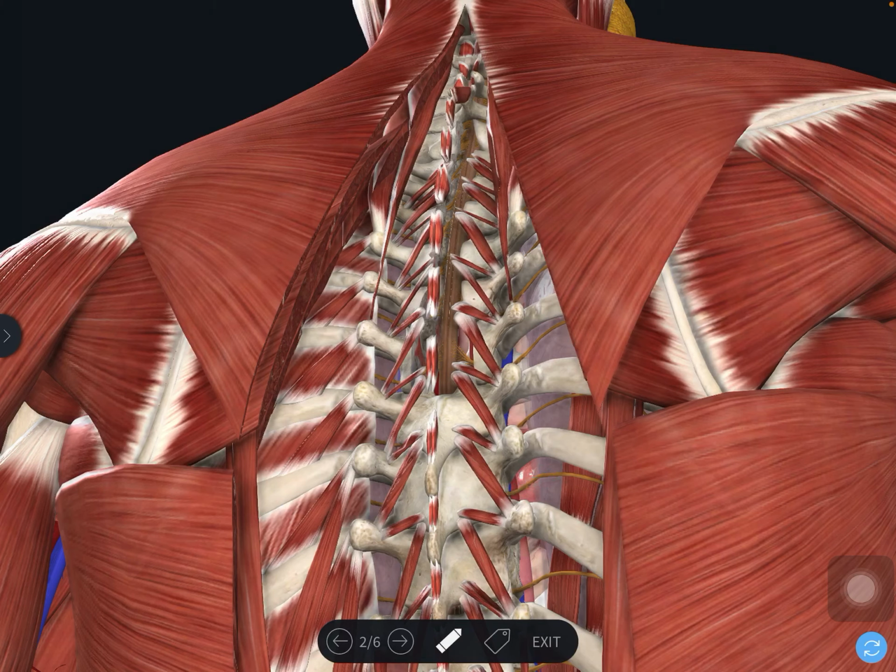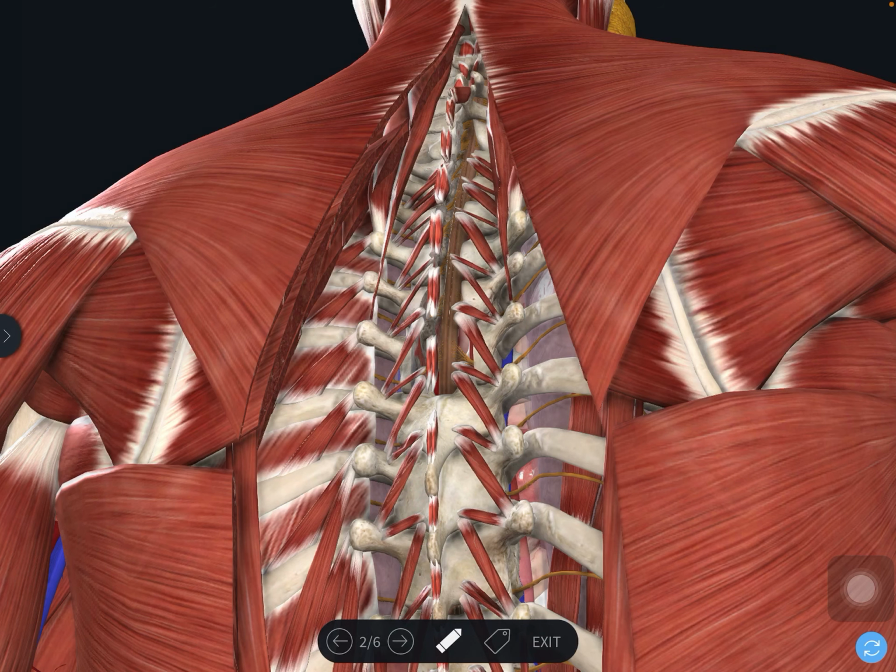Medial to the superior costotransverse ligament. So between these vertebrae we have the costotransverse ligament. So medial to the costotransverse ligament this nerve appears. It passes upwards and laterally behind the sympathetic trunk. So in front of this nerve we have the sympathetic chain on each side running. So it is behind the sympathetic trunk.